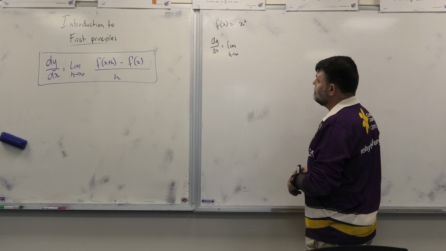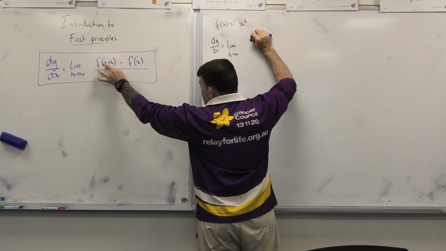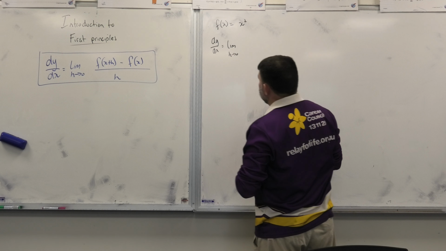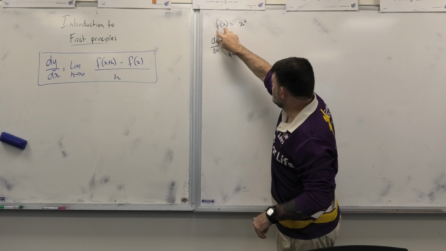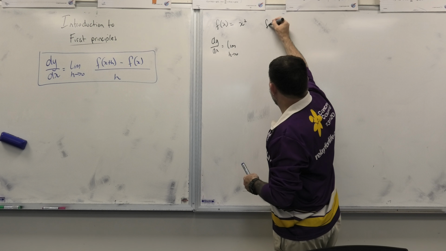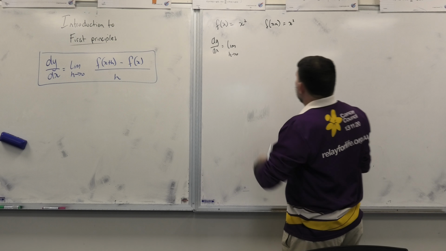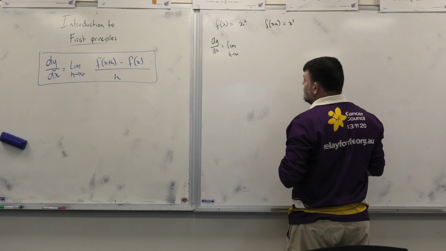And what I'm going to do here is replace all my x's with x plus h, because if I'm looking at this point here, this here is a function of x plus h. If I write in this equation, f of x plus h is equal to x squared, I'm going to substitute all my x's with x plus h.